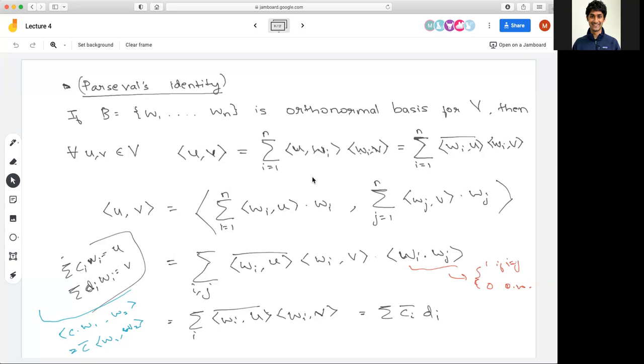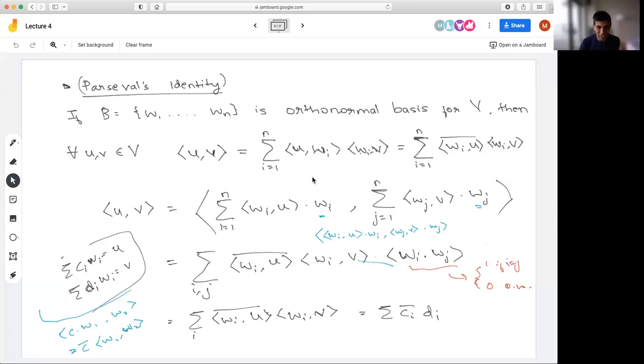So now I just did this when I was looking at these inner products of these WIs and WJs. I first separated it into all IJs as separate terms, and then in each IJ, I got an inner product which was really of the form WI inner product U times WI inner product WJ inner product V times WJ. Right? Okay.